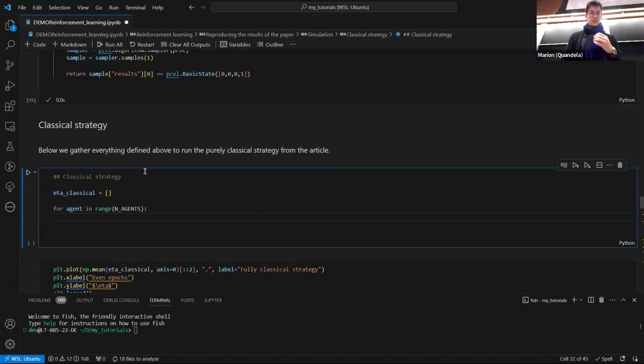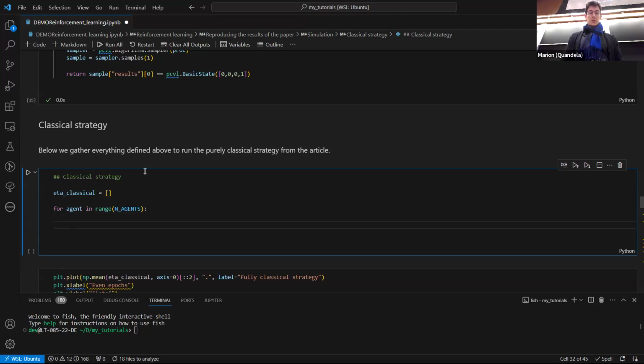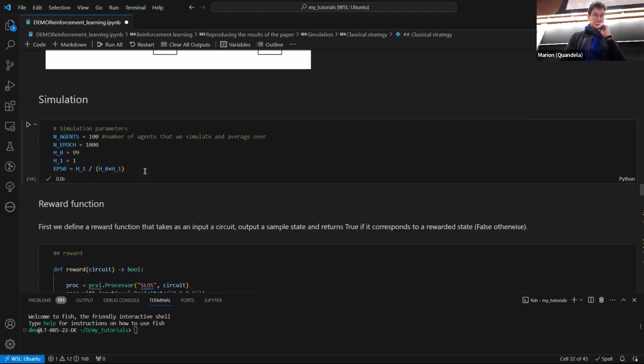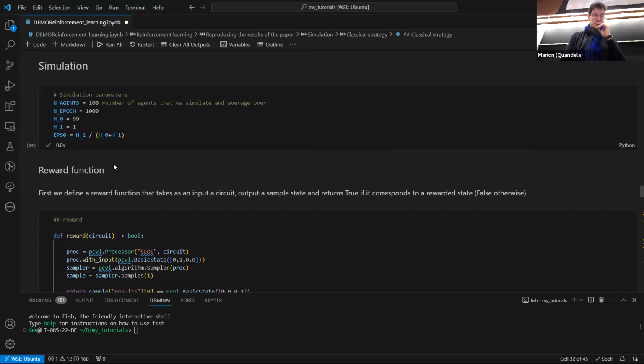For each agent, we're going to perform basically all the steps for the reinforcement learning procedure. So first, we want to initialize the value set here of epsilon.